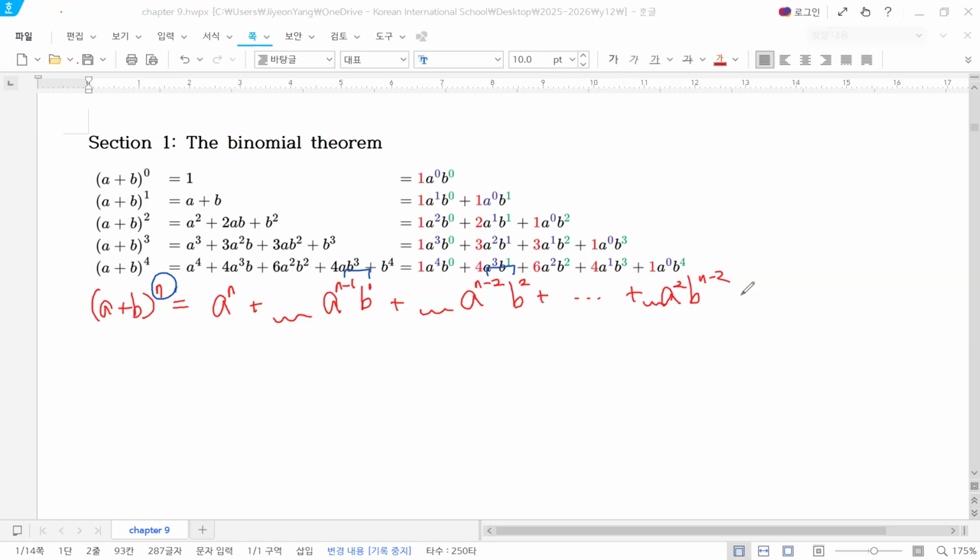The next term is a b to the power of n minus 1, with some coefficient, plus b to the power of n. It should be in this form.